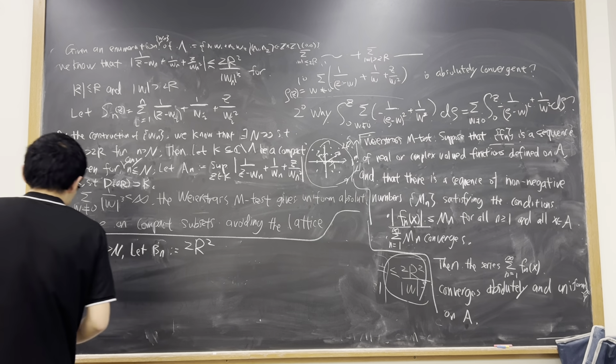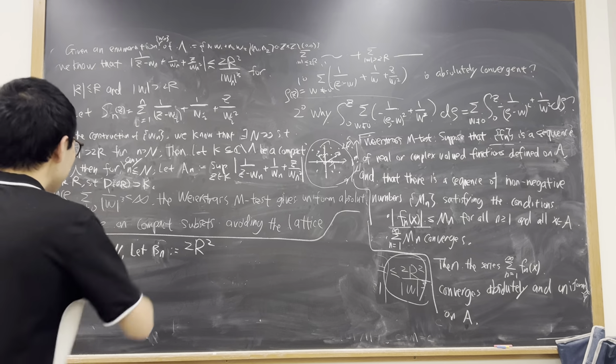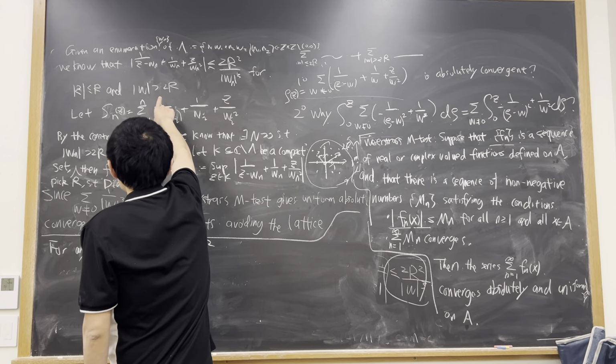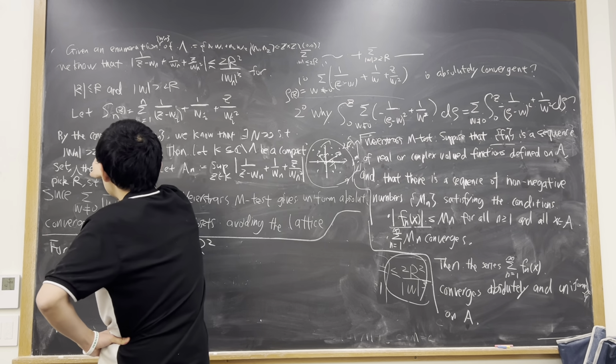Okay, so now we let Bn be, so now this is true, right? And then we pick this N such that this omega n is bigger than 2r, right?